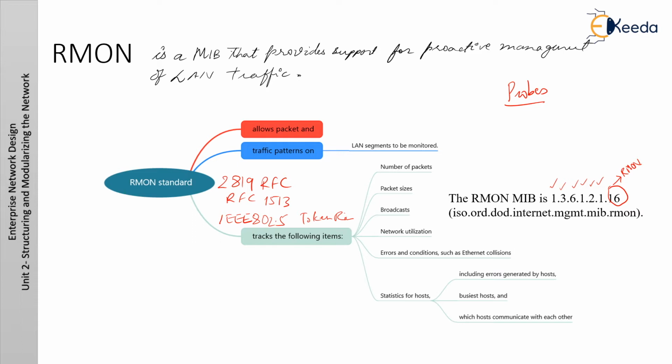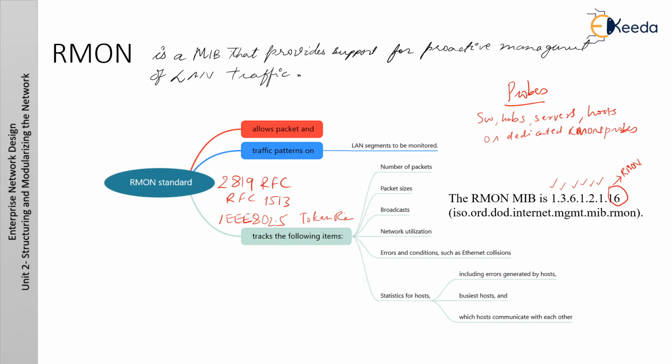Everywhere it is probing: switches, hubs, servers, hosts, or dedicated RMON probes.